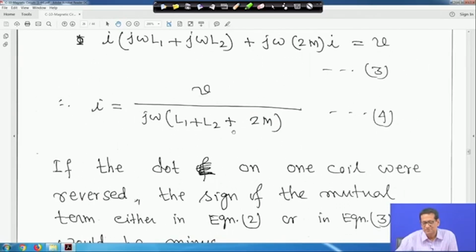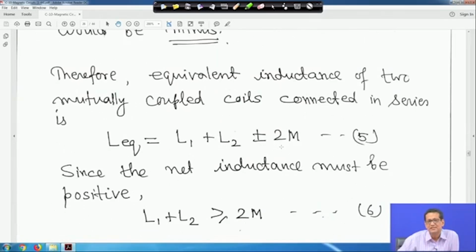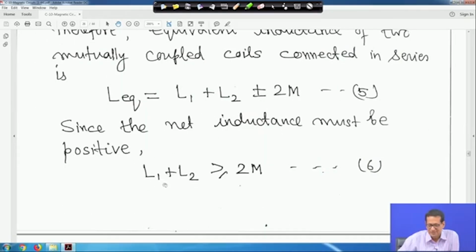If you change the position of one of the coils, it will be L1 plus L2 minus 2M. In general it is L1 plus L2 plus or minus 2M. Since the net inductance must be positive, L1 plus L2 must be greater than or equal to 2M. This is equation 6.